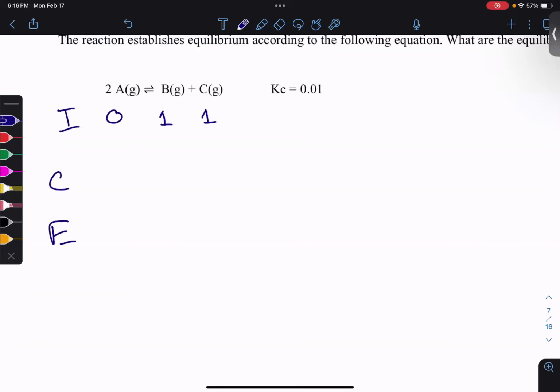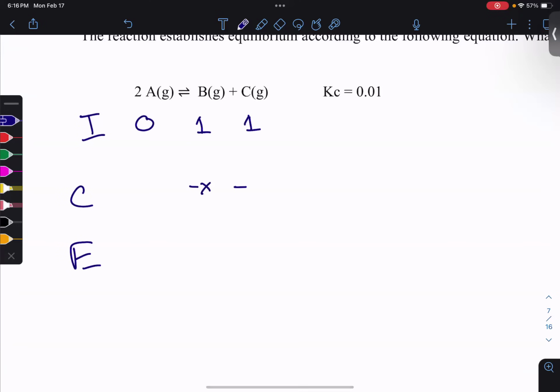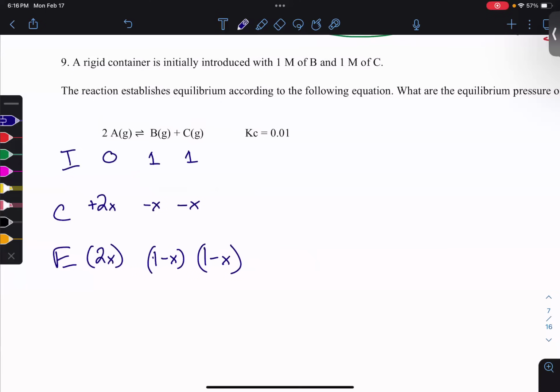Reverse. So that means the change line is -x for B and C, and on the A side, it's plus 2x. So at equilibrium, I'm going to have a 2x amount of A, a 1 minus x amount of B, and a 1 minus x amount of C. All of this goes into the Kc expression.